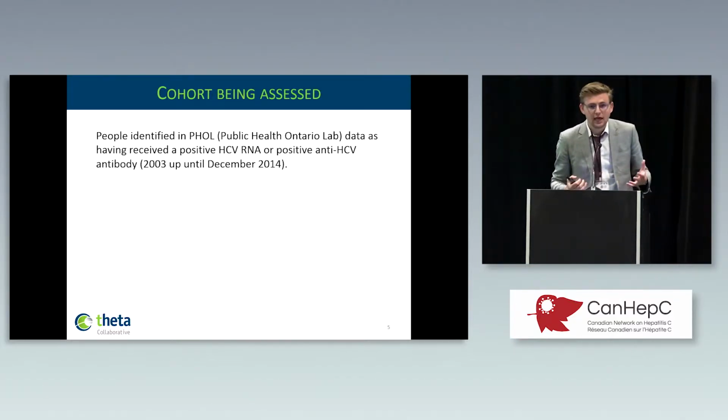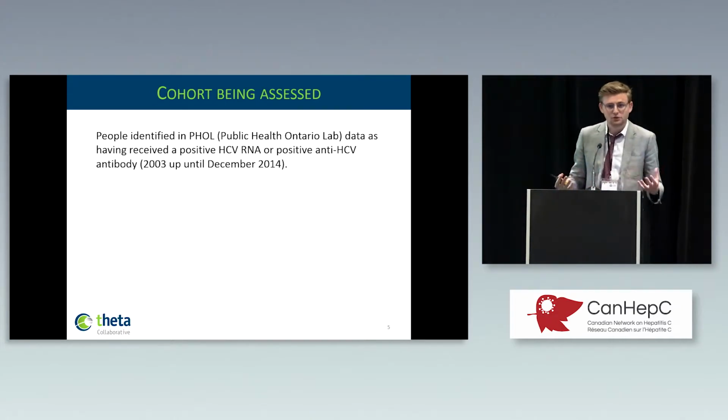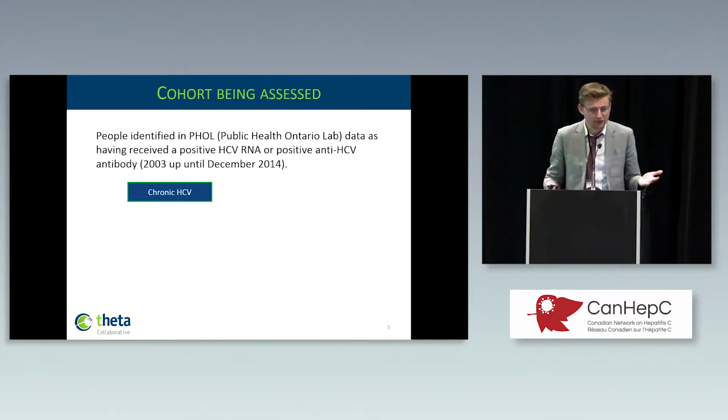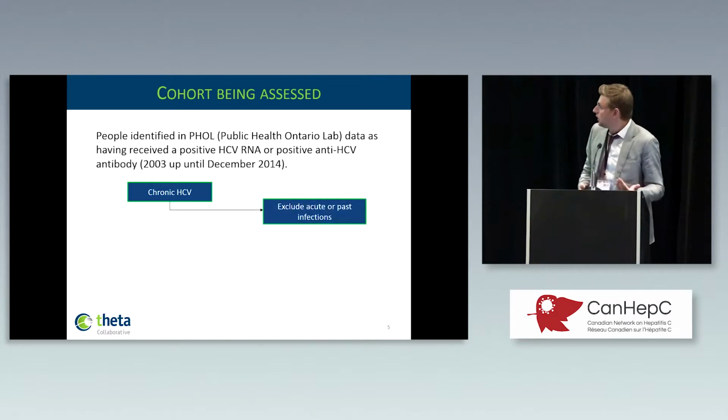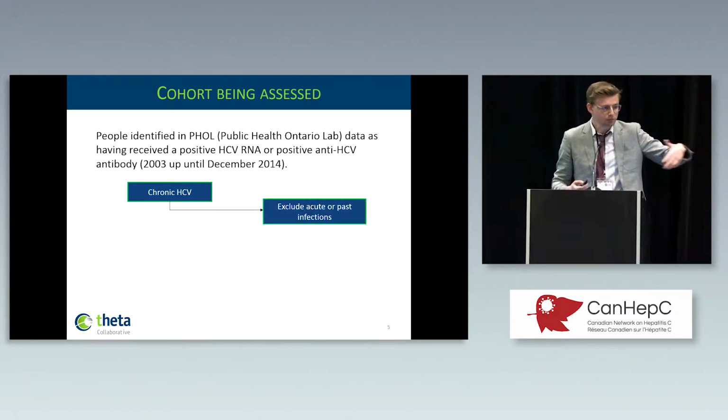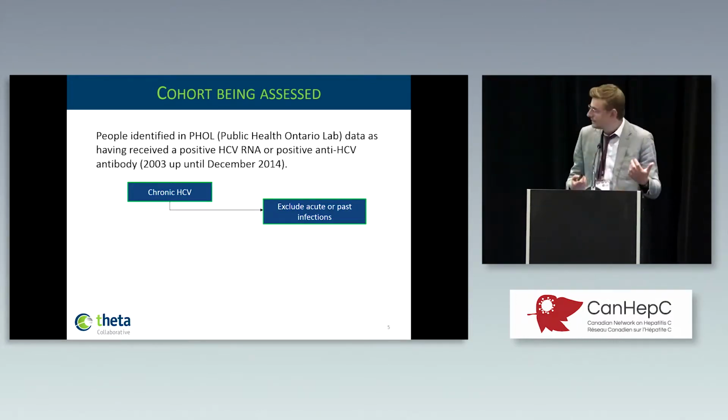To do this, we had to identify a cohort of individuals who had hepatitis C. We used the Public Health Ontario lab data, which holds all the information on individuals who receive an RNA or HCV antibody test, and we looked from 2003 to 2014. Then we applied the following exclusion criteria. We only wanted to look at chronic cases of hepatitis C, so we excluded those who had an acute infection or a past infection that was previously cured, so the antibody would be positive but the RNA would be negative.